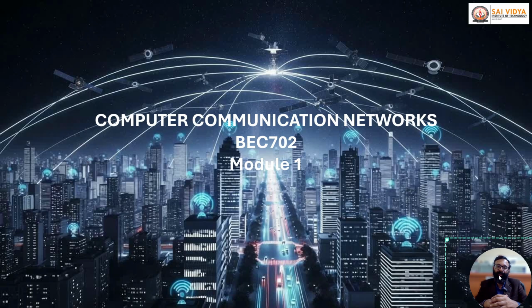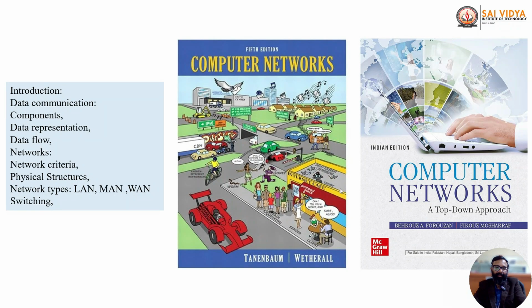In module 1, we are going to study some basic concepts. These are the concepts that we are going to study in module 1 part first. There are 3 sections in module 1.